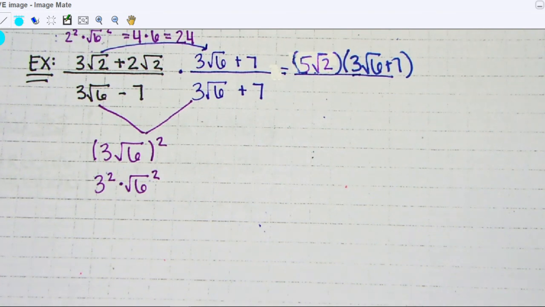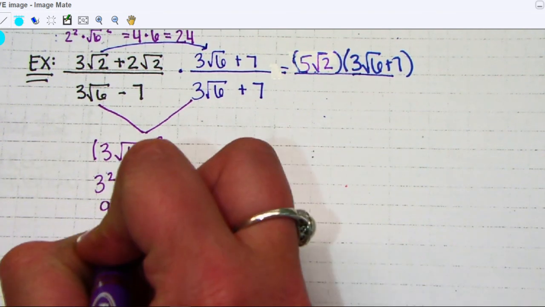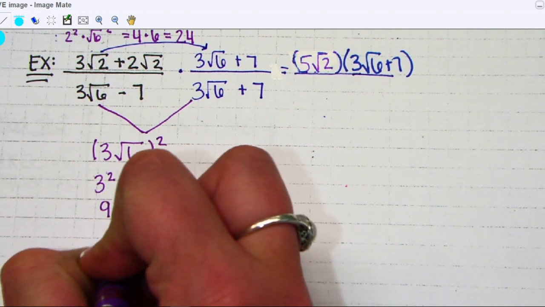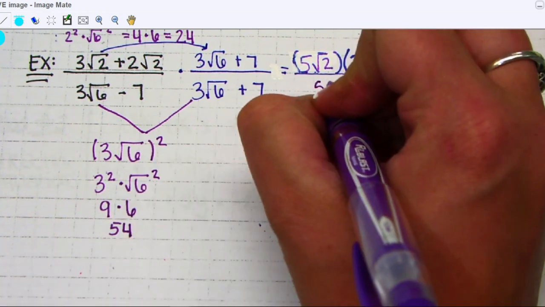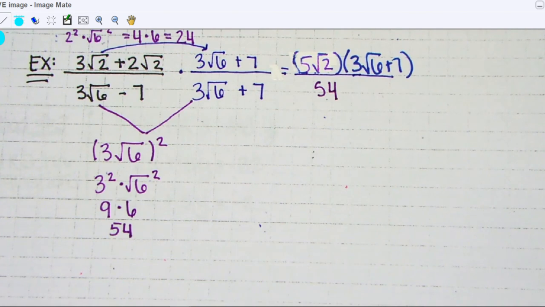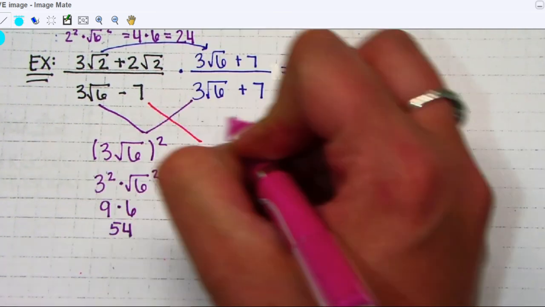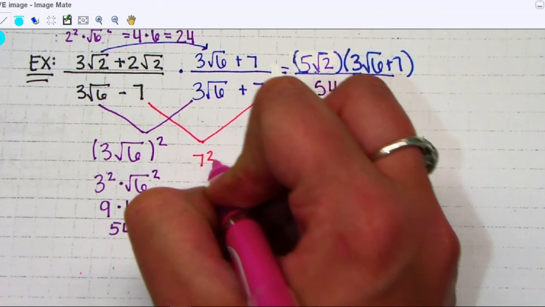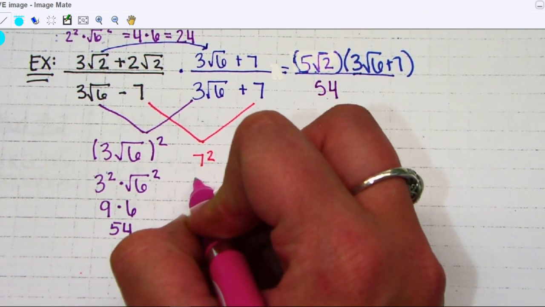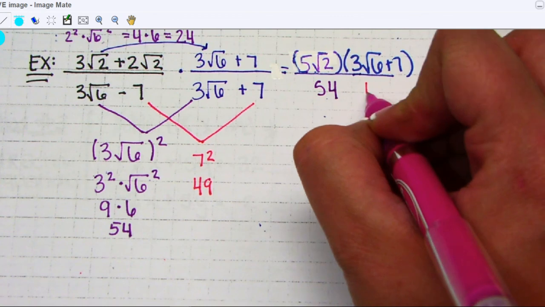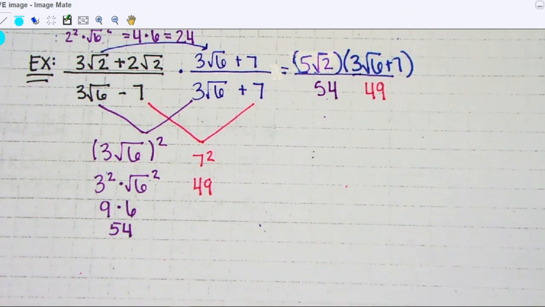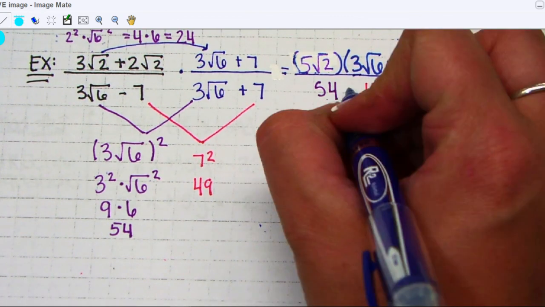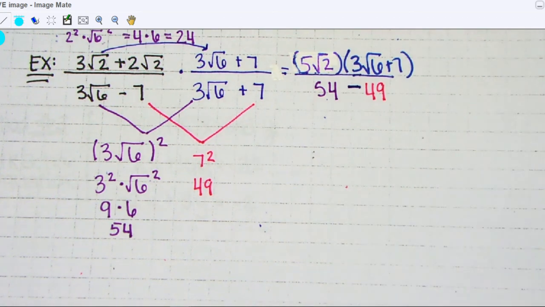Yes, it is 54. Good job. So we get 9 times 6, which is 54. What's the next term? 7 squared, which is 49. And then remember, we always subtract in the middle. So you can simplify it and then put it up, or you can simplify as you go, whatever is easier for you.